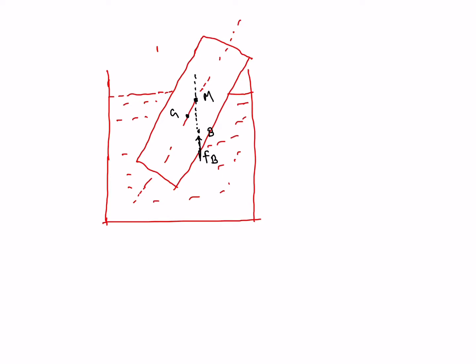We will discuss three cases. G is above M, M is above G, and M and G at the same point. M is above G, this is your positive case, stable equilibrium.